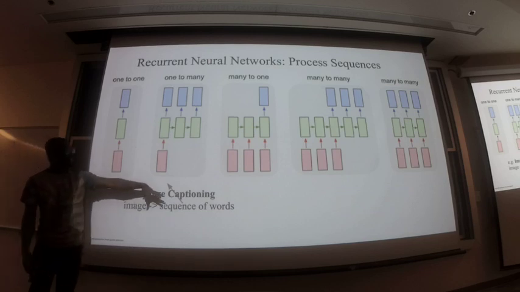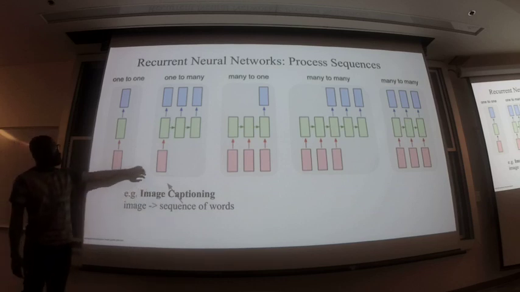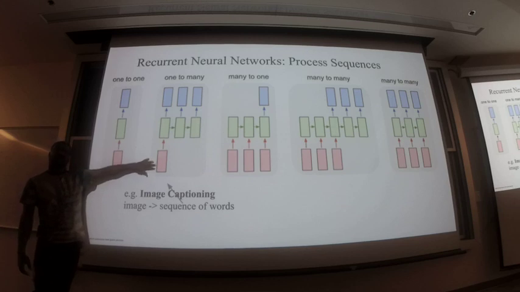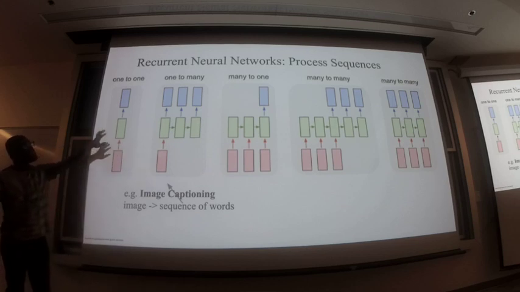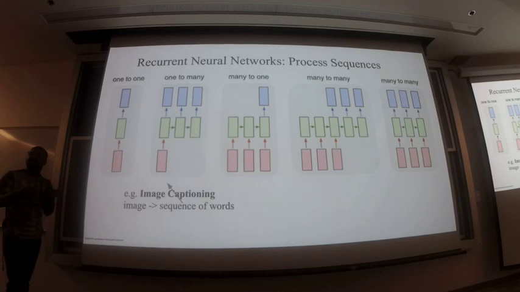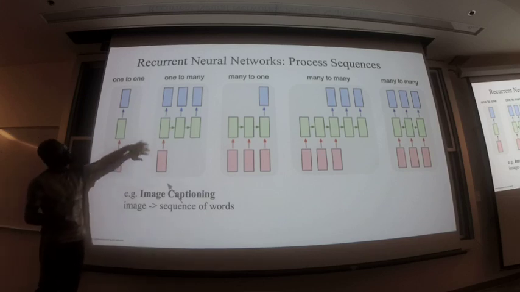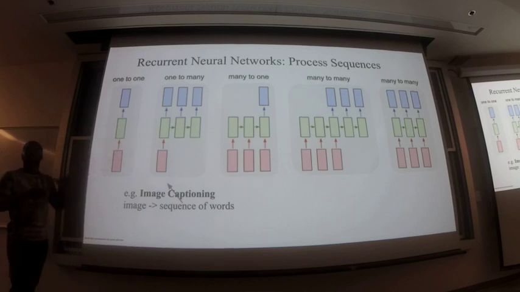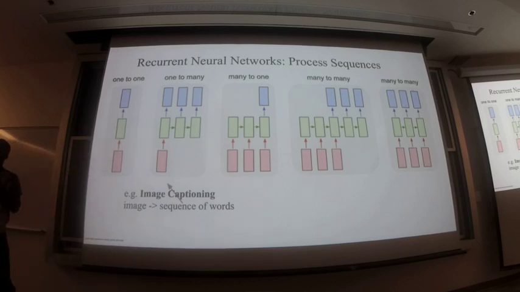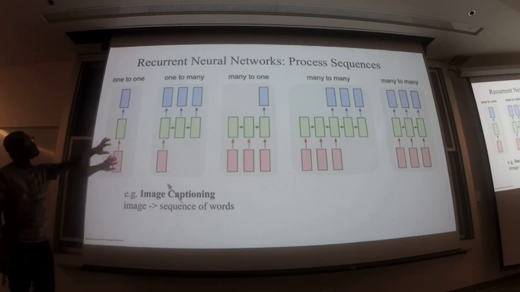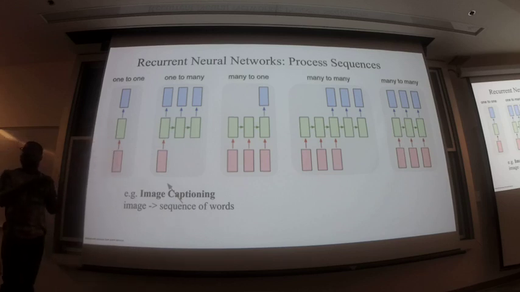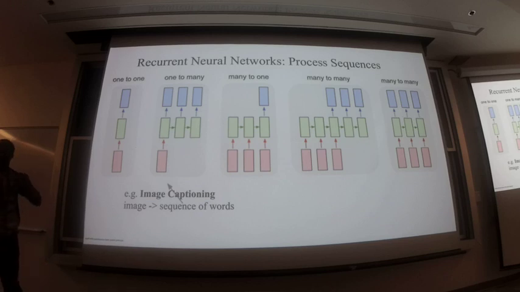We feed in a single input, and then the network produces captions. These captions could be of different numbers of words, and hence we need our network to be able to produce output of variable size or length.